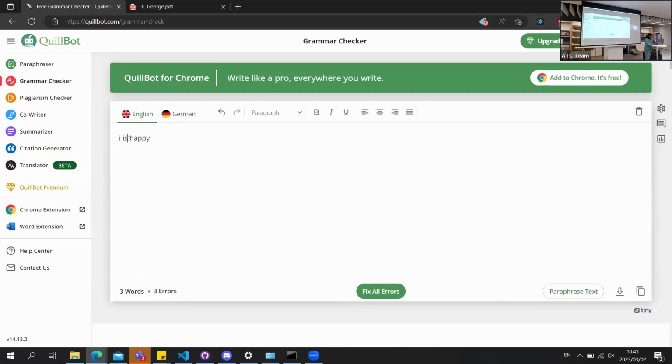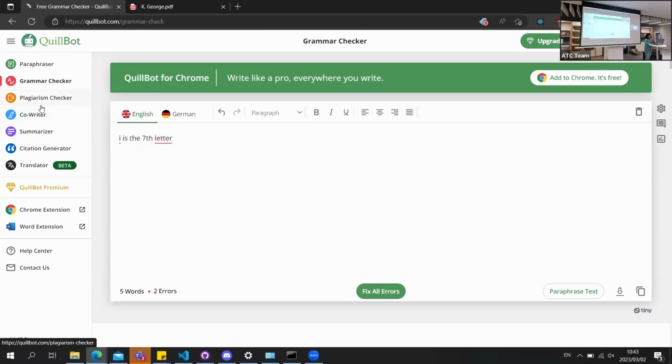Now, if you say something like I is the 7th letter, it would not detect the error. So it is also able to infer context and see whether it is used in the right sentence structure and grammar. There are more additional functions.